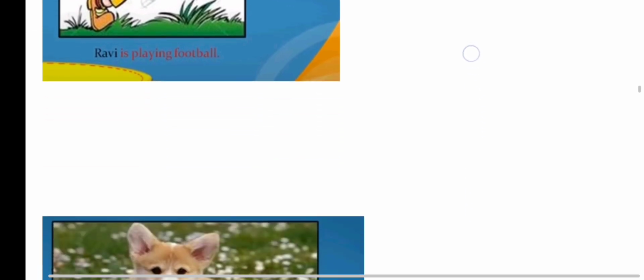In this sentence, Ravi is the subject and the remaining words together, is playing football, is the predicate. So we have two different colors in this to identify Ravi as the subject and is playing football as a predicate. Now, here is one more example.